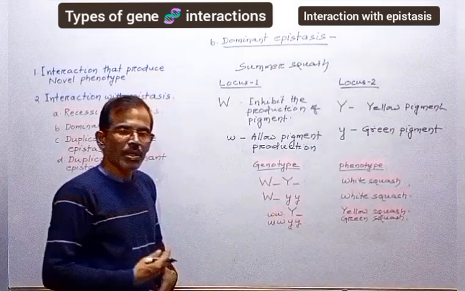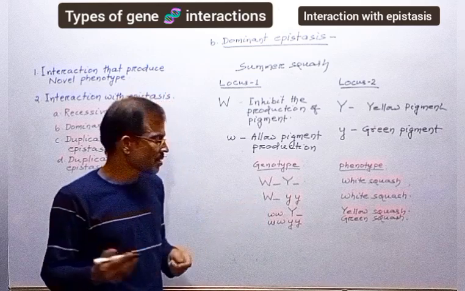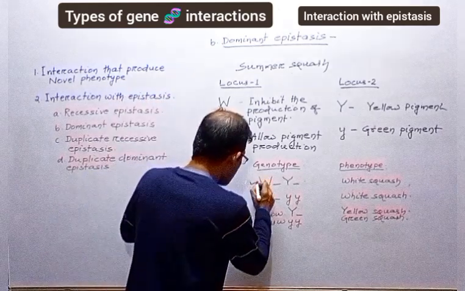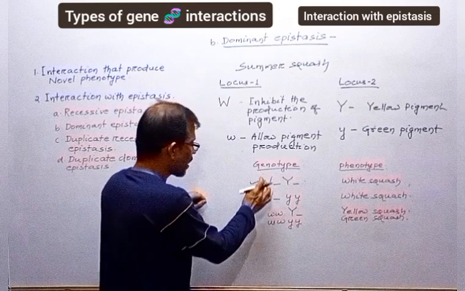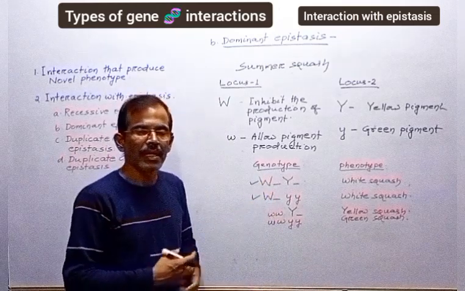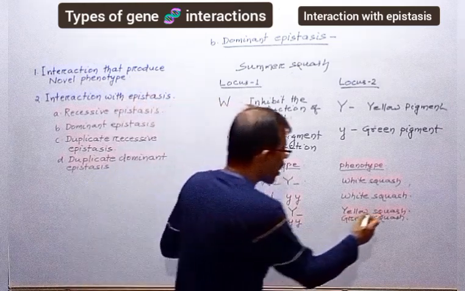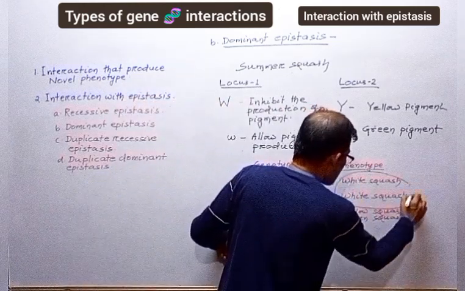These are the genotypes that determine different fruit colors in summer squash. In both first and second genotype, the first locus has dominant alleles that inhibit the production of pigments. As a result, white squash are produced.